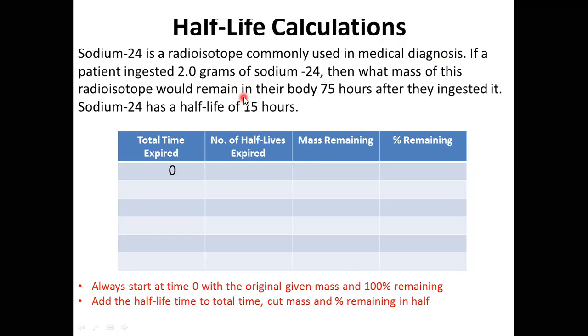So the mass remaining would be 2 grams at time 0, before any of the material has decayed. All of it is left. None of the half-lives have gone by at time 0. The remaining mass is 2 at the beginning time of 0. That means 100% of the material called sodium-24 is still radioactive.